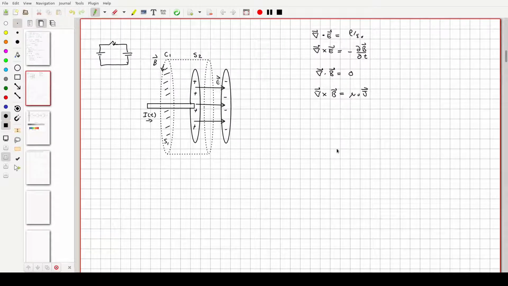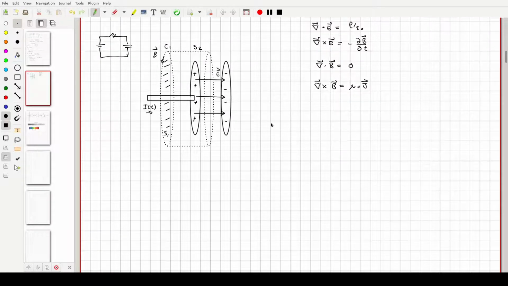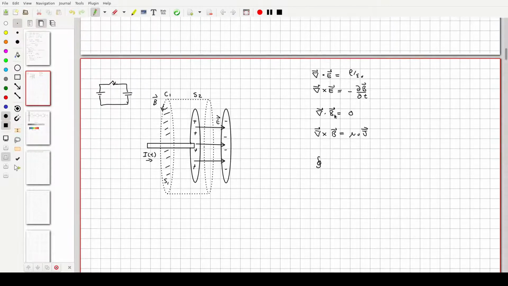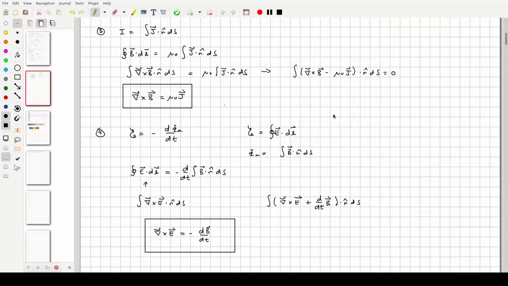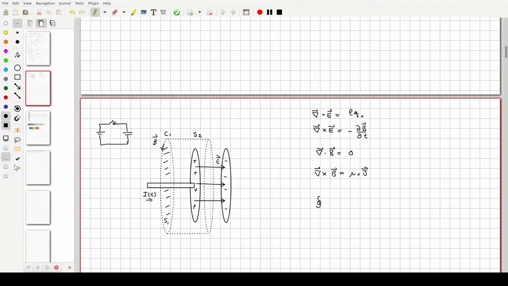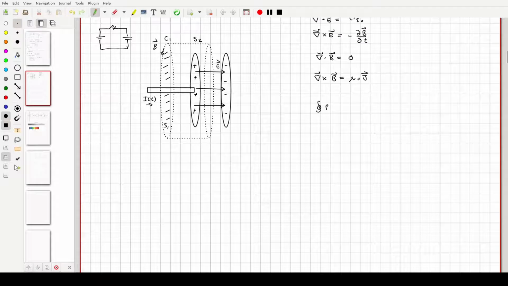Okay? So what I'd like to do, just momentarily, is look at Faraday's law. Specifically, let's see, do I want to look at Faraday's law? Actually, no. I want to look at Ampere's law, but I want to look at this version right here. We're going to use the integral version for a moment.